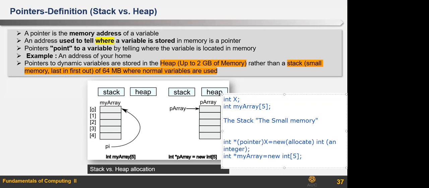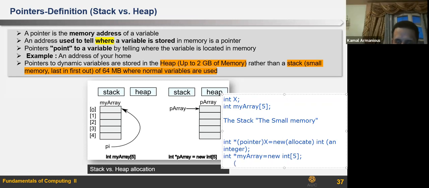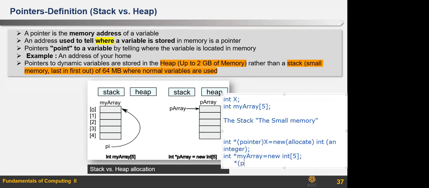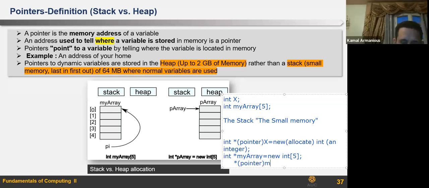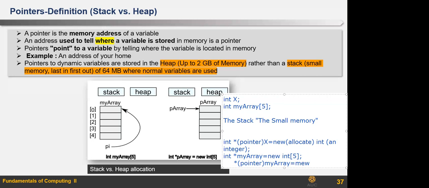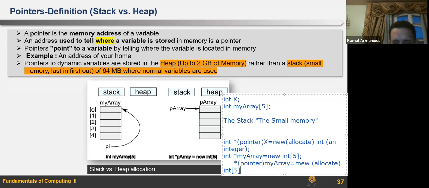Then here int star my array, this is a pointer, equal new int of 5, meaning 5 places in memory as integers. Okay, Yasin and everyone.